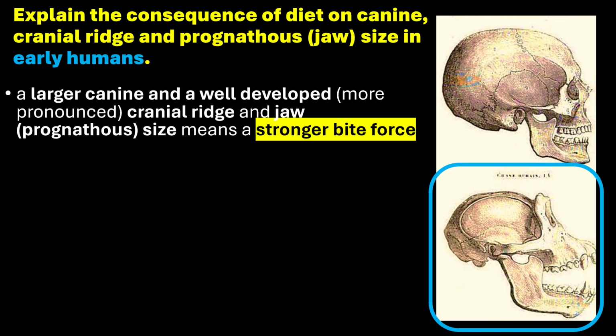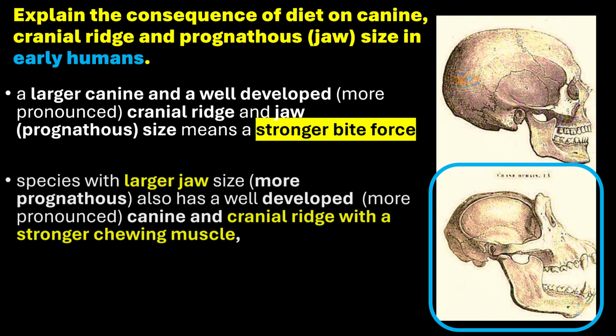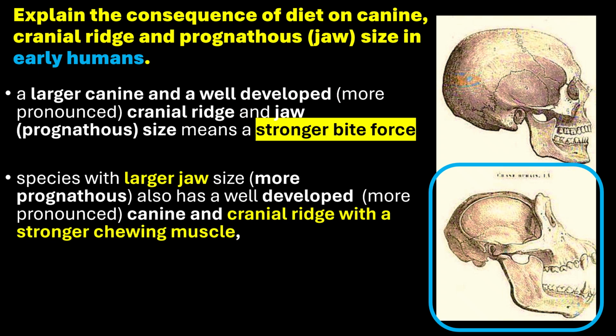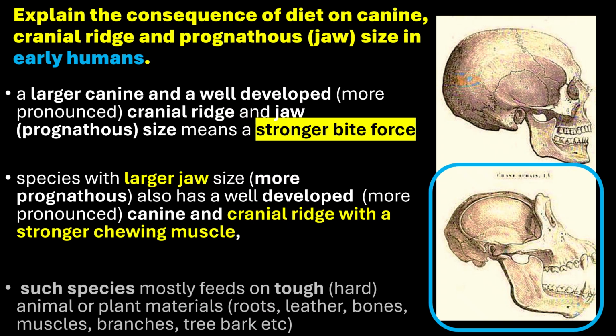A larger canine, a well-developed cranial ridge and a well-developed jaw size, or prognathism, means a stronger bite force. So what else does it say? Species with larger jaw size also have a well-developed canine and cranial ridge with stronger chewing muscles, just like the species below.